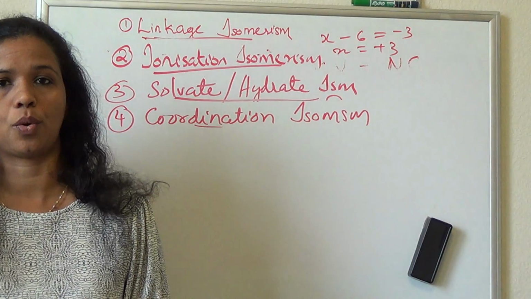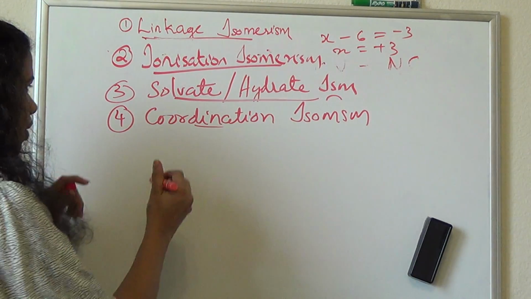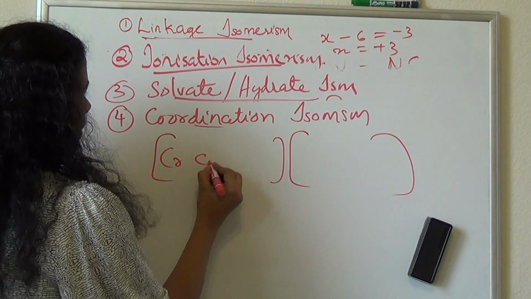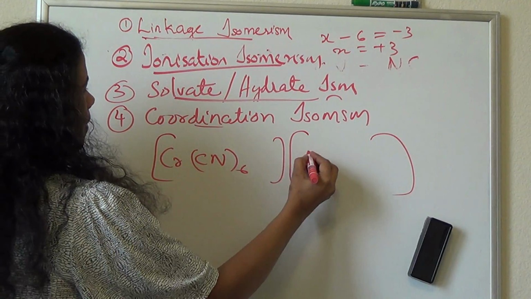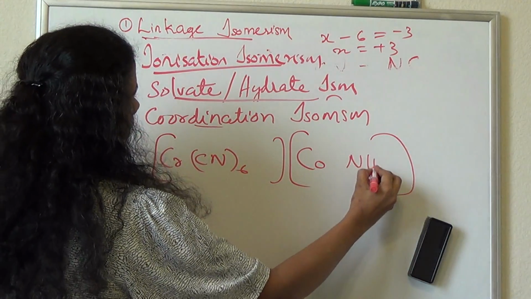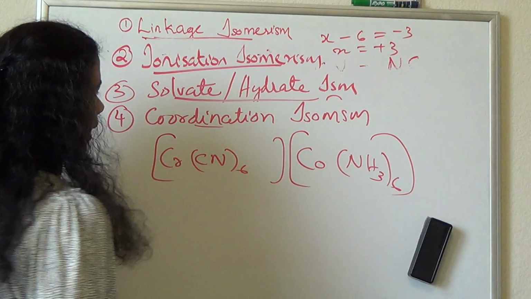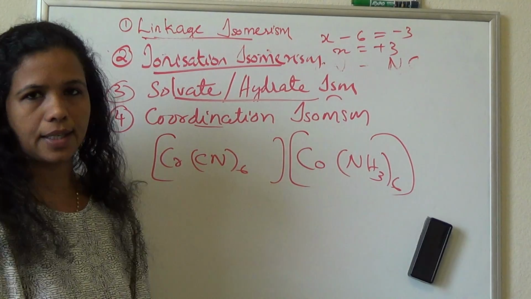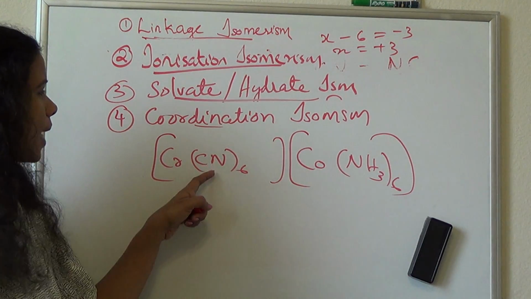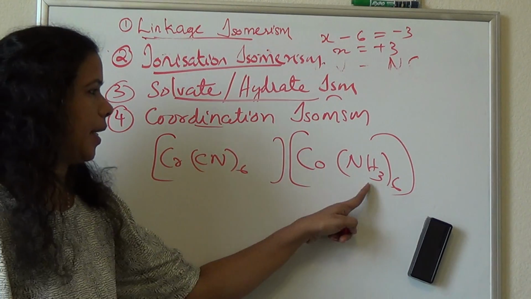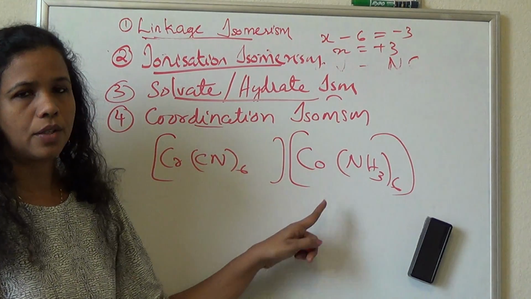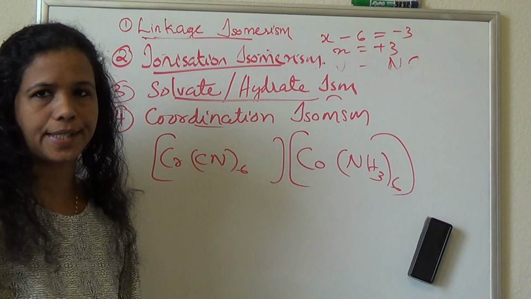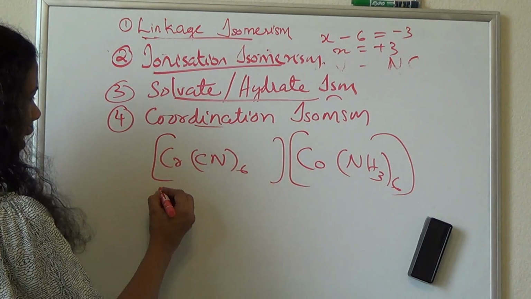That type of complexes only show this type of isomerism. Example: [Co(NH3)6][Cr(CN)6]. Here cyanide is linked to chromium and here amine is linked to cobalt. So if we exchange the ligands, that is the position of coordination will change and we will get coordination position isomerism.